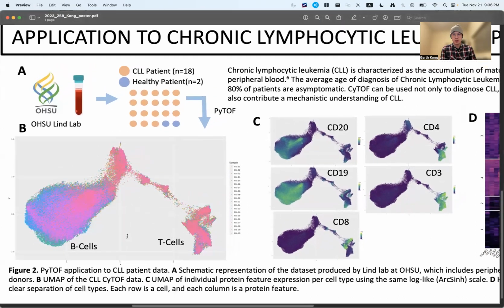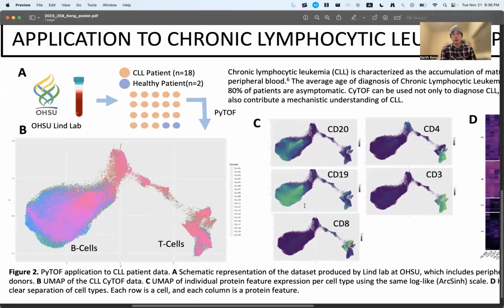In one large blob on the left, we see a really high increase in CD19 and CD20 expression, which corresponds to a large B cell population. This is what we would expect for somebody with CLL. And over on the right side, we have overexpression of CD3, CD4, and CD8 markers, which corresponds to immune cells.